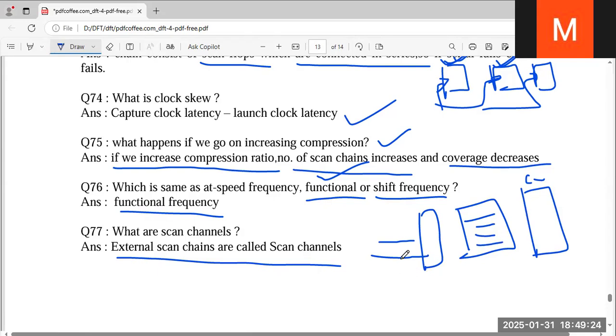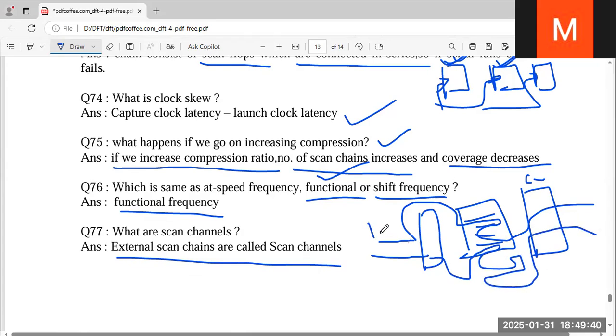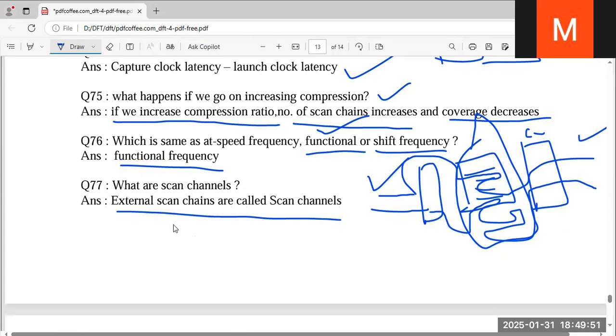If you go with the EDT bypass mode, the EDT logic is not considered, and the external scan chains go directly through. So the external scan chains are called the scan channels.